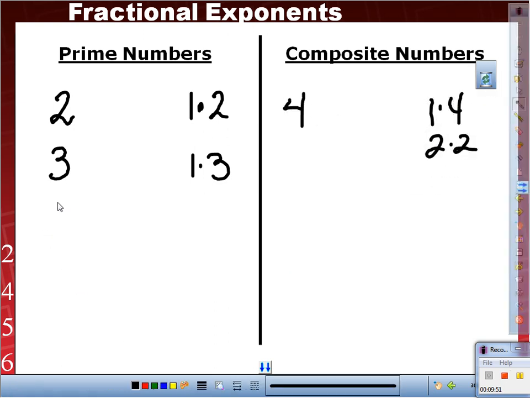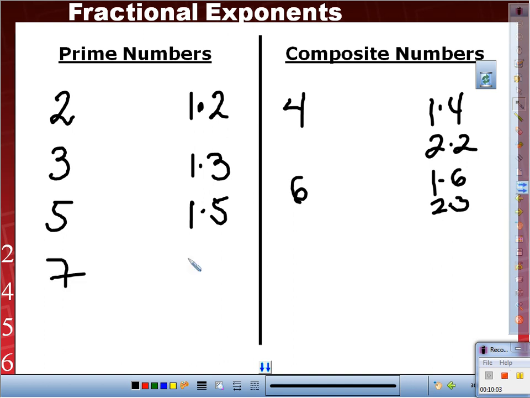Here it goes again. Next number. Number 5. Prime number? 1 times 5. How about 6? No, 6 goes over here: 1 times 6, 2 times 3. How about 7? Yes, 1 times 7. How about 8? No, that's 1 times 8, 2 times 4. How about 9? No, 1 times 9 or 3 times 3.